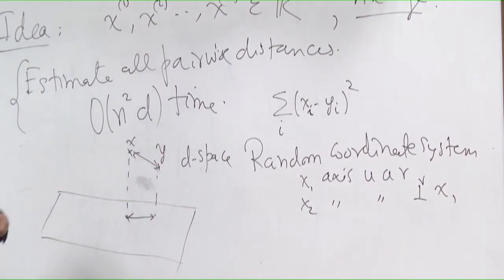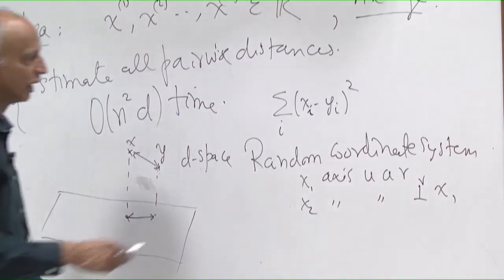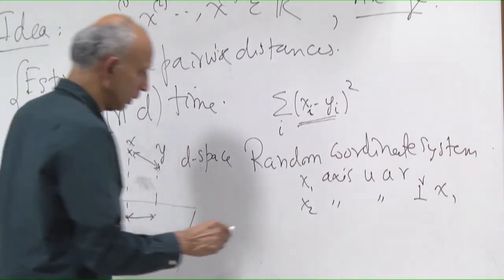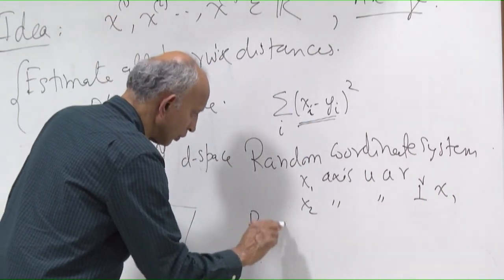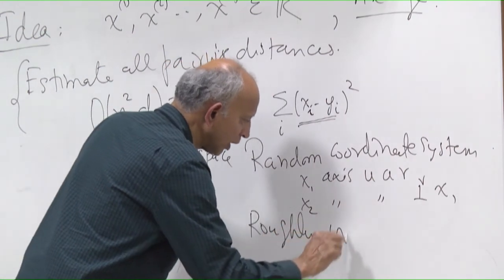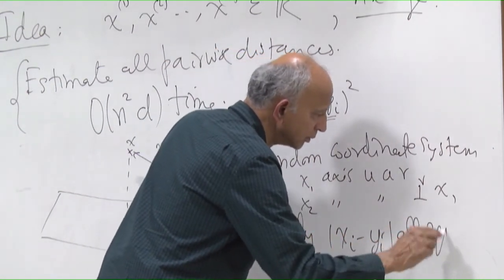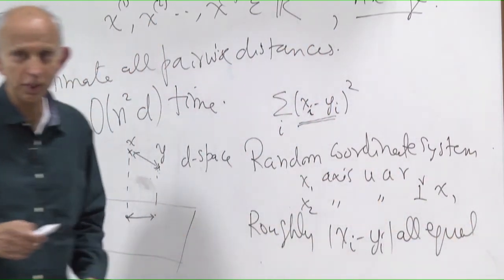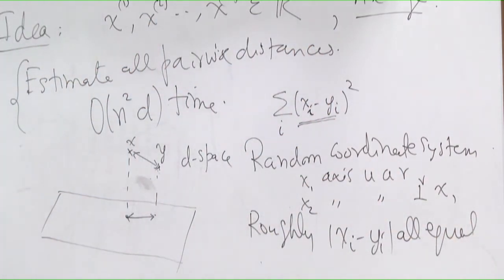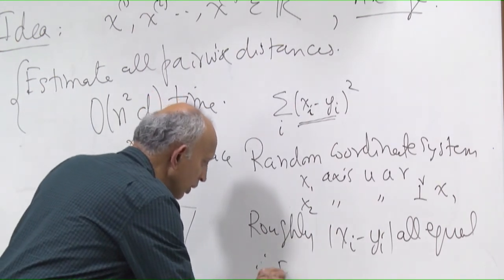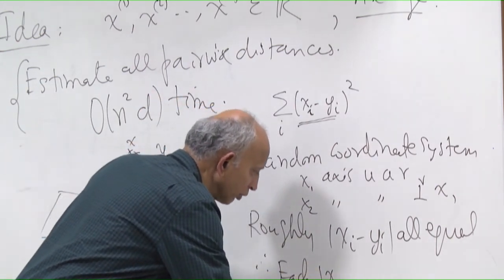So if I took a random coordinate system, intuitively, the xi minus yi should all be roughly equal, because it was a random coordinate system, right? This is not a proof. Again, we'll prove it carefully.